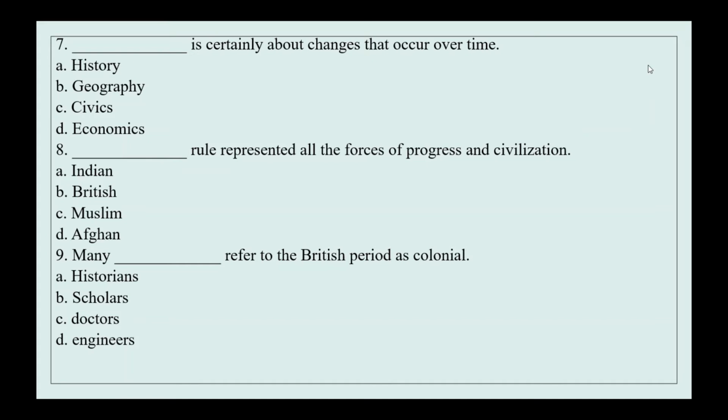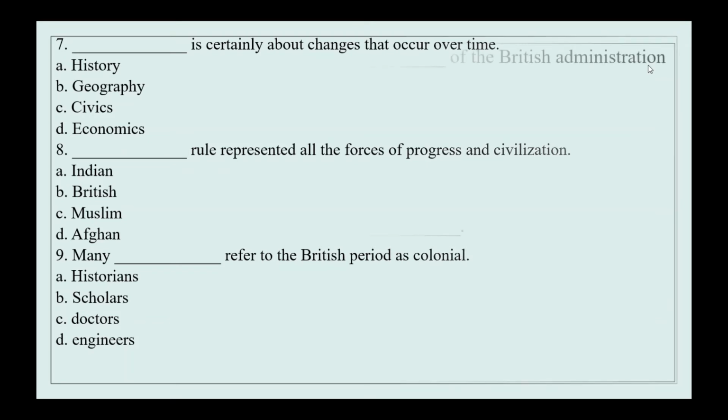British rule represented all the forces of progress and civilization. Okay, fine. Next, ninth one. Many dash refer to the British period as colonial. Many historians, option A, historians, many historians refer to the British period as colonial. So, for the 9th question, answer is option A.